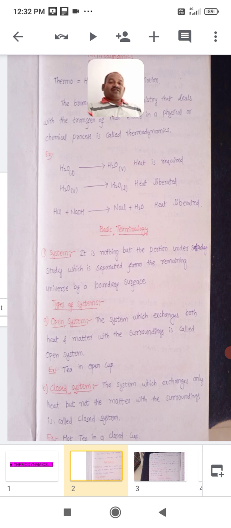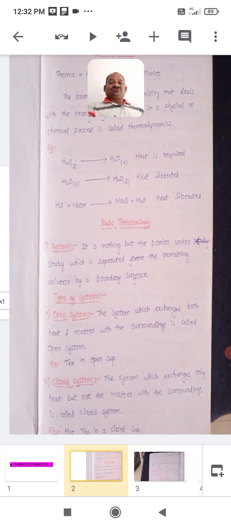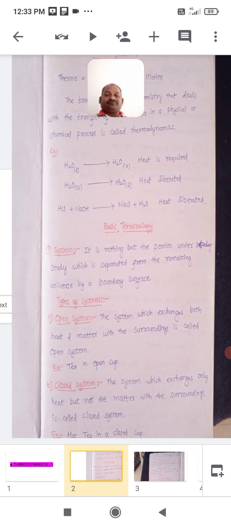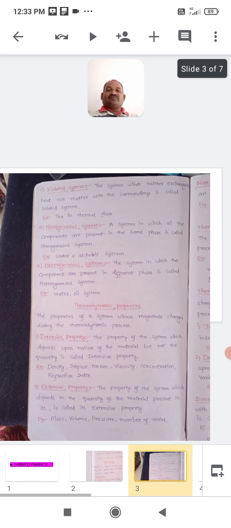Here only heat is exchanged, but not matter, with the surroundings.